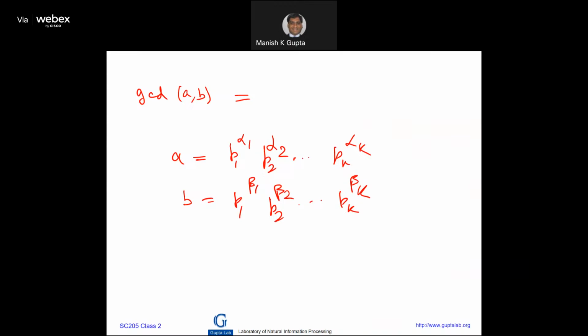Then GCD is what? Product of pi raised to power, I can write a beautiful mathematical notation, i equal to 1 to k, minimum of alpha i comma beta i. Does it work?